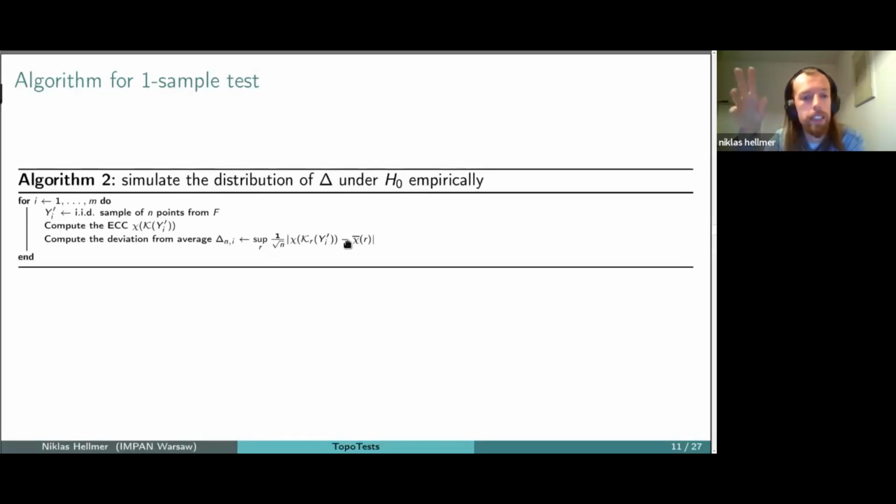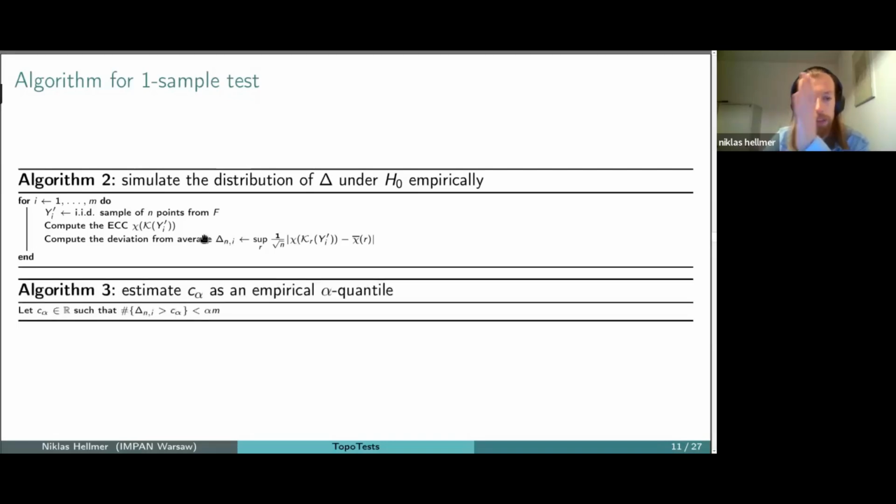Okay, now we basically get a histogram of the distribution of the test statistic. And then we can empirically look at quantiles here, and we can choose this threshold C alpha such that the test statistic in our simulations exceeds this threshold only with alpha frequency, right?